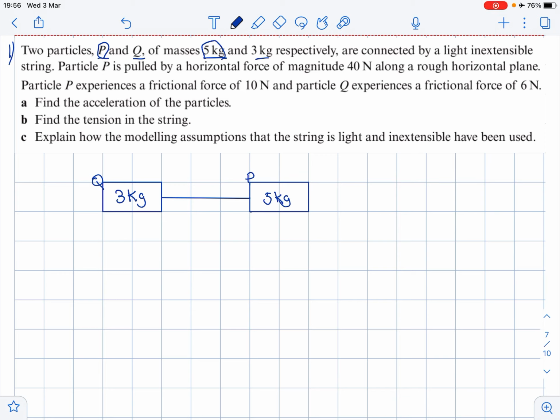Then we're told that particle P is pulled by a horizontal force of magnitude 40 newtons along a rough horizontal plane.